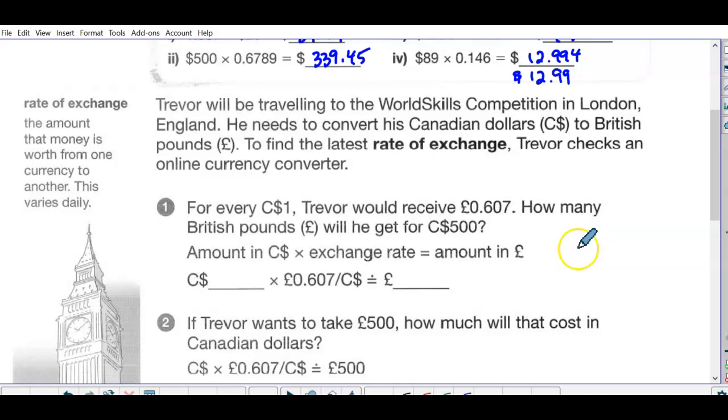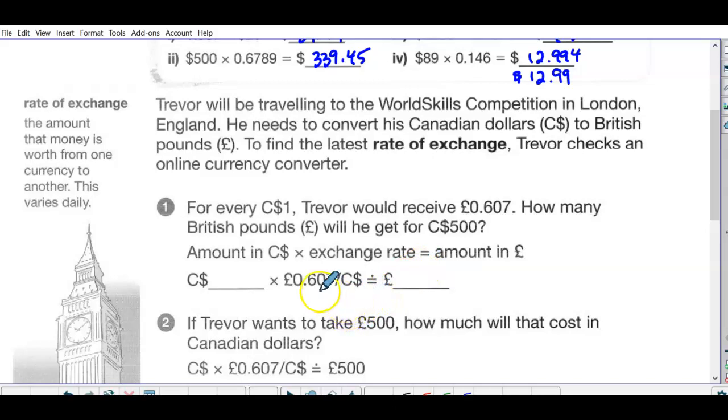So for every Canadian dollar, Trevor would receive 0.607 British pounds. How many British pounds will we get for 500 Canadian dollars? So if we have the Canadian, we can multiply through by the exchange rate. Basically, the amount of pounds he would get for a Canadian dollar.